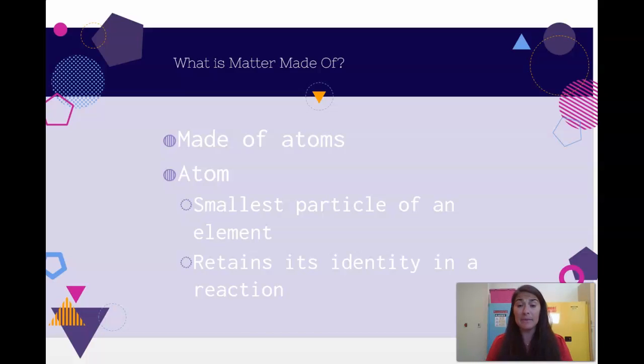And the atom of an element is going to stay the same even in a chemical reaction. So maybe it bonds with something differently, it changes its state of matter, whatever that might be. But if you're starting a chemical reaction with atoms of carbon, you are finishing that reaction with atoms of carbon. That's not going to change, okay? And so the identity of those atoms stays the same in our chemical reactions.